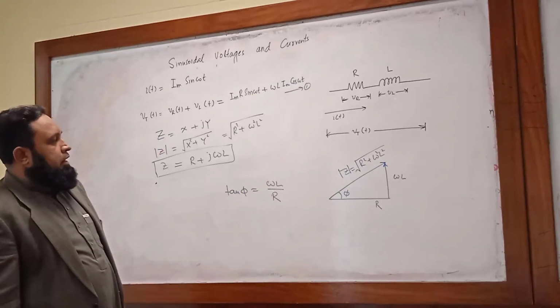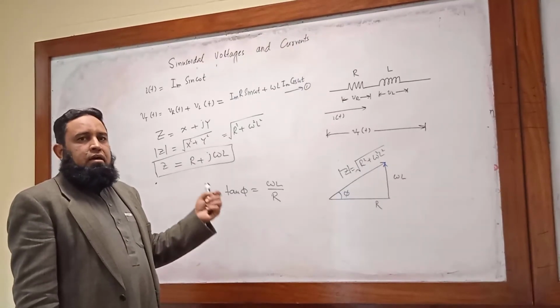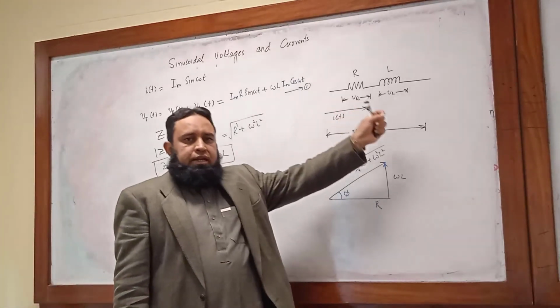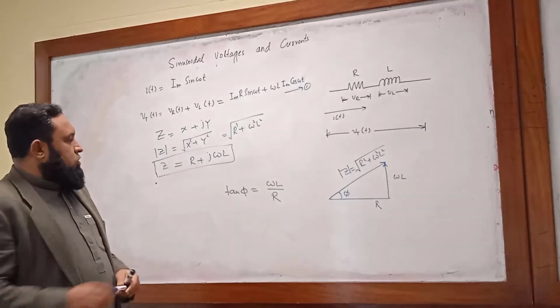So the lagging angle is less than pi by 2 when resistance and inductance are connected in series like this.